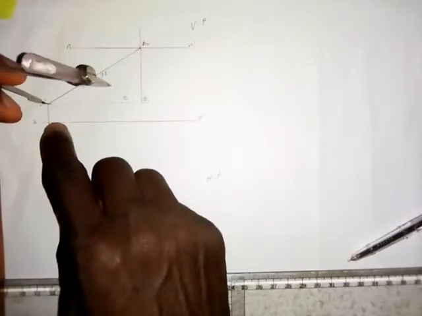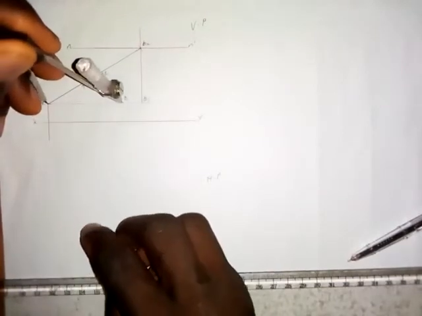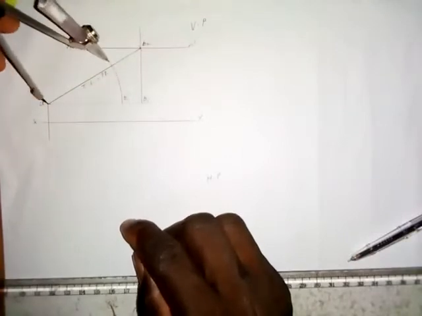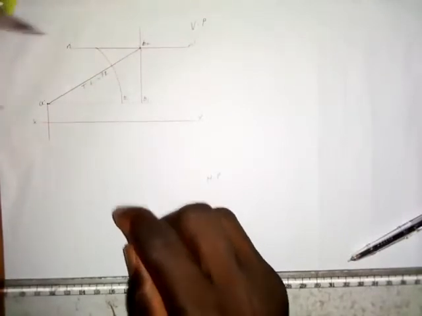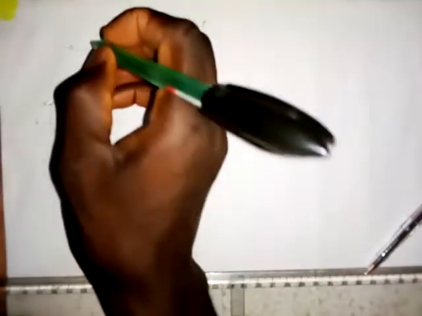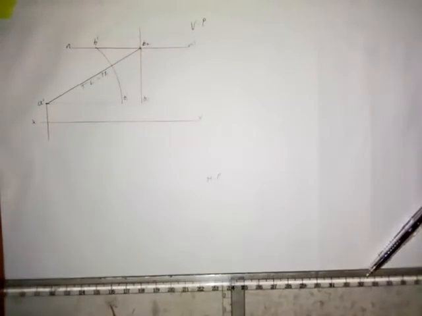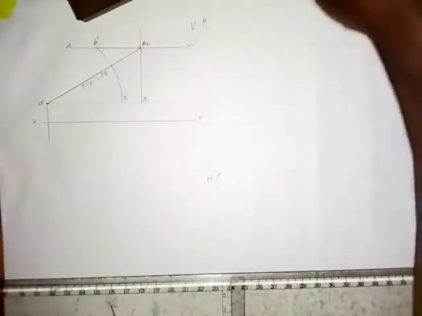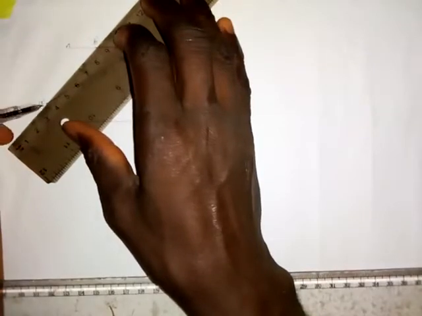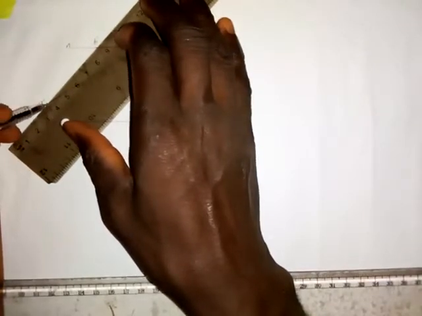So extend it to B1 prime and draw an arc like this. Wherever the arc touches the locus, call it B prime. So join A prime B prime together with a straight line.